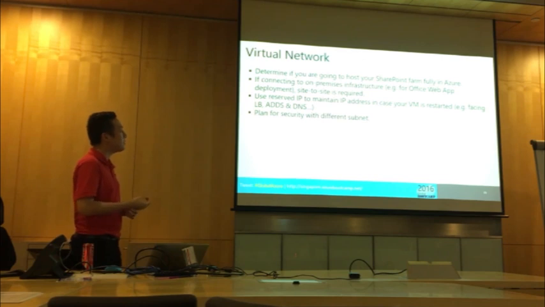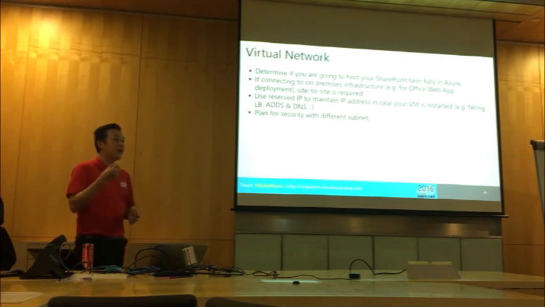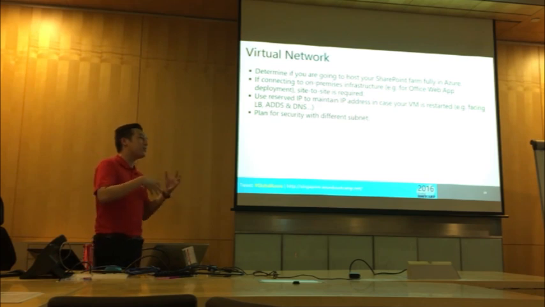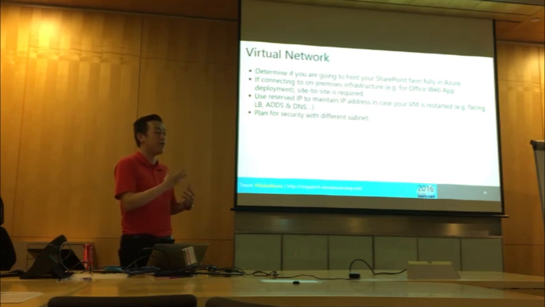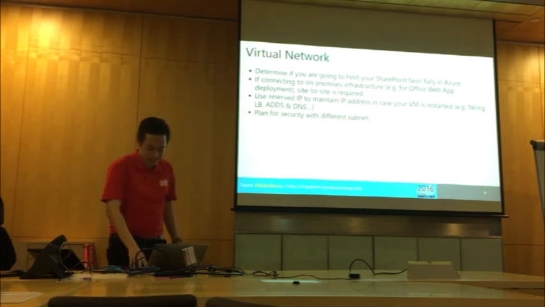In many cases, you have to use a reserved IP address for AD domain services and DNS. And for security, you need to plan for different subnets to separate the application tier, web tier, things like that.